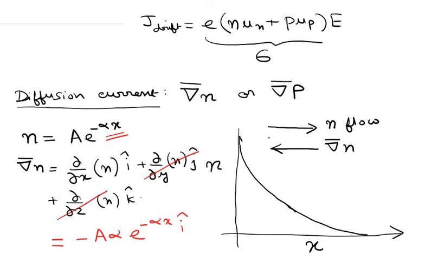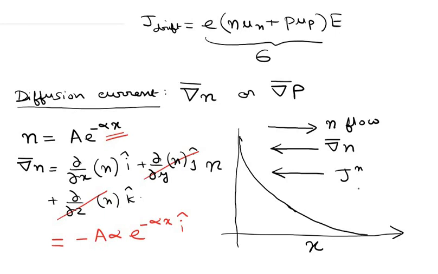Okay, now as I stated, electrons flow along the positive x direction. The gradient of n is directed along the negative x direction, and the direction of flow of current is opposite to the direction of flow of electrons, because electrons have negative charge. So this is the direction of flow of diffusion current for electrons.